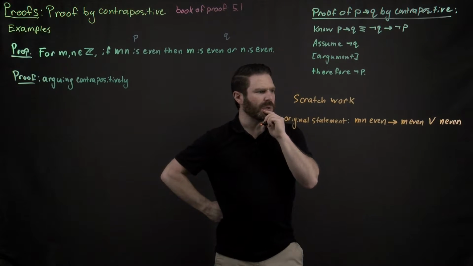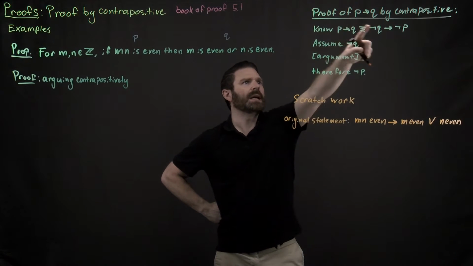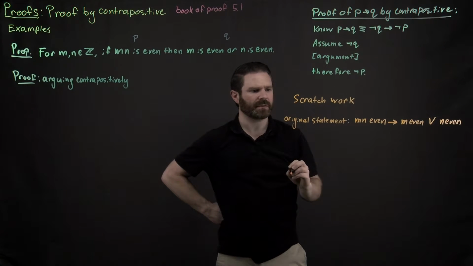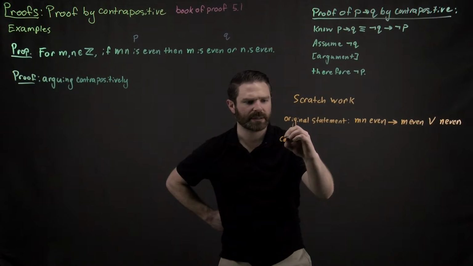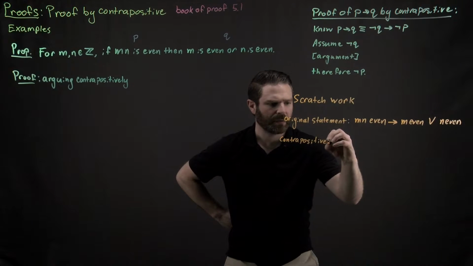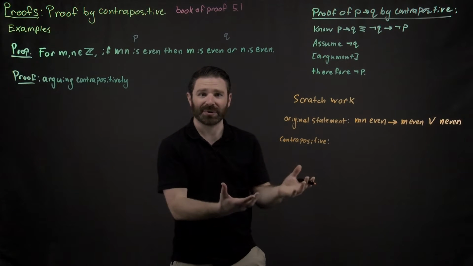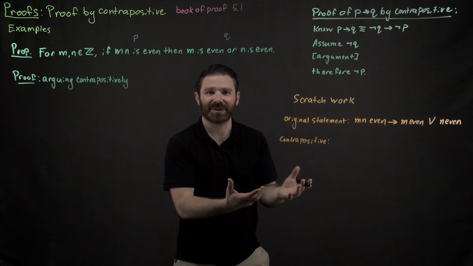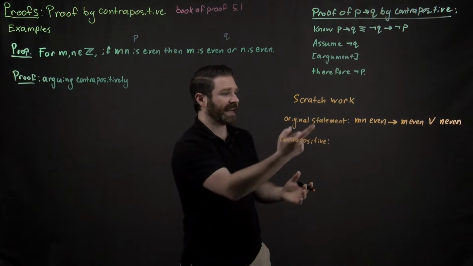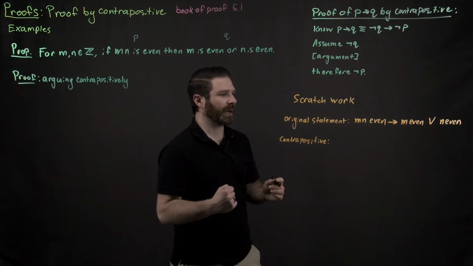Okay, so I need to take the contrapositive of this statement, because in my proof by contrapositive, I have to consider the contrapositive of this statement. This is going to show us why we were talking so much about those different rules of logic, like De Morgan's law, because I'm going to have to take the contrapositive of this statement right here.